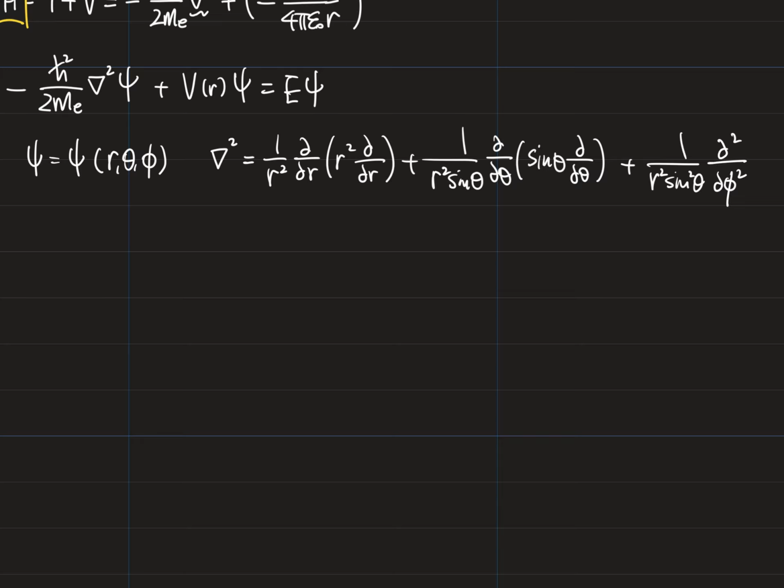So we can obtain the explicit expression for the Schrödinger equation if we plug in the Laplacian operator here and the wave function here and there. Anyway, if we plug them into the Schrödinger equation, that would be a very lengthy equation, but we can make some simplification.